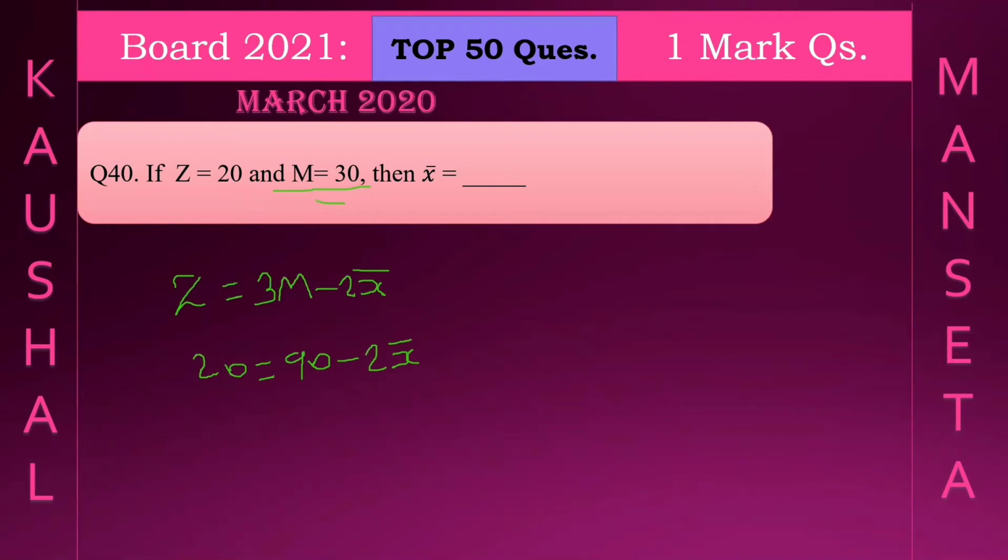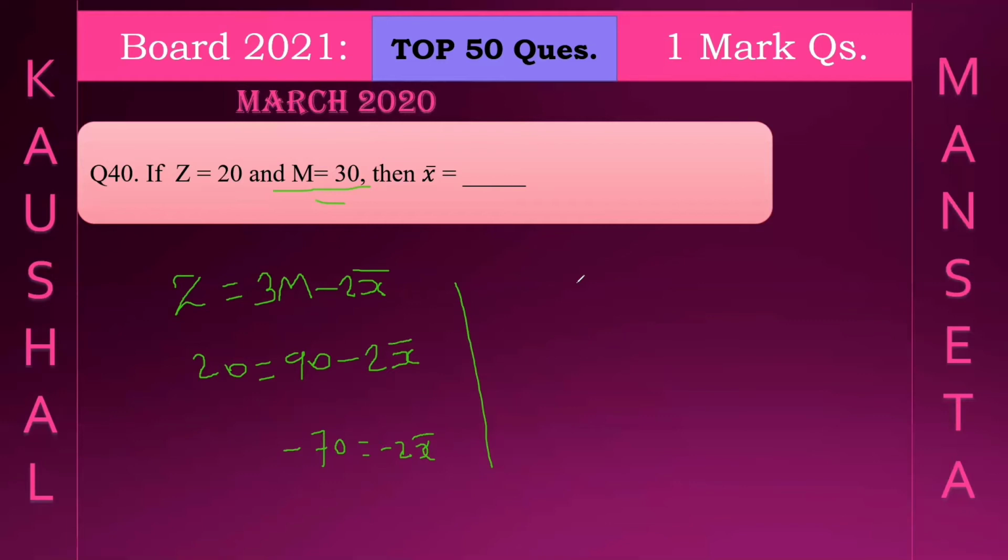So we can write minus 70 is equal to minus 2x bar. Okay, minus 2x bar, so we get 70 upon 2. What is the value of 70 upon 2? You know, 70 upon 2 gives 35. Yes or no?